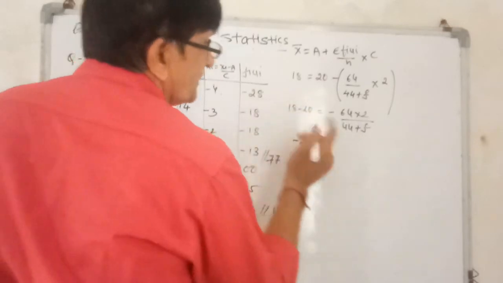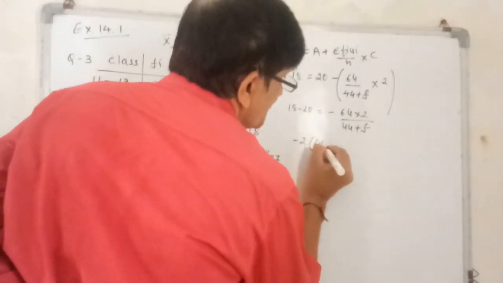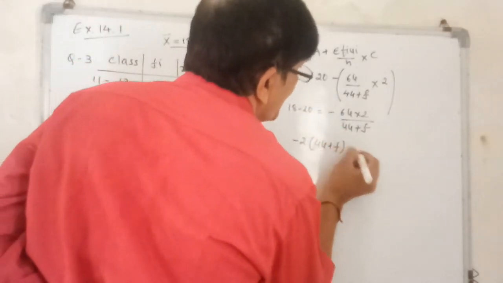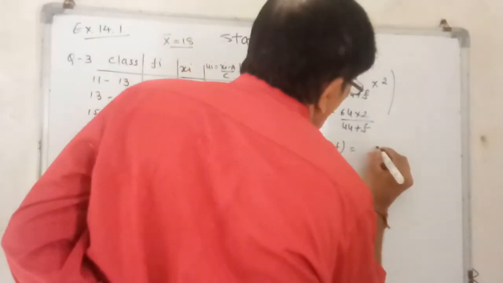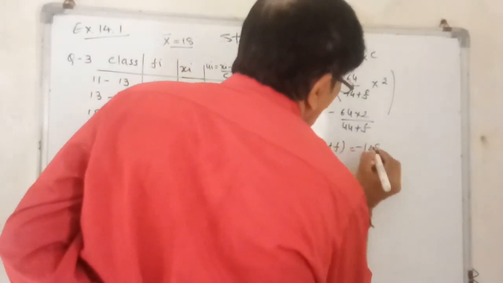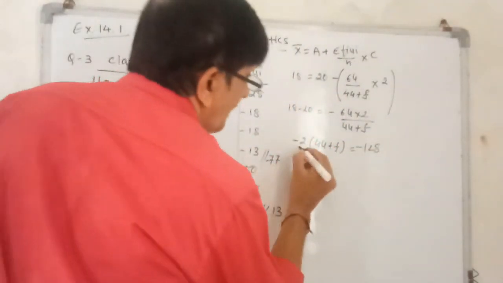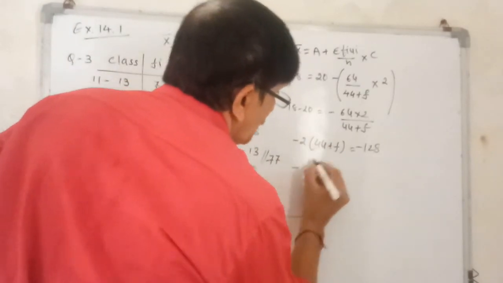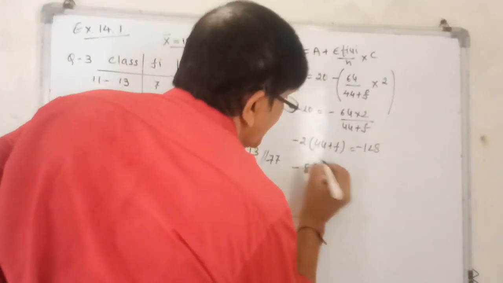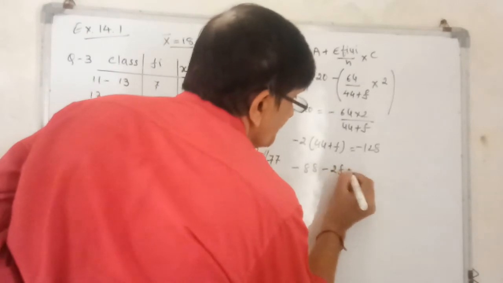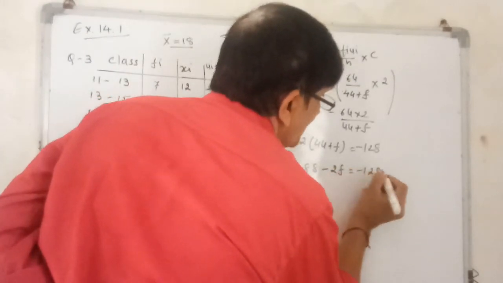Now this denominator will multiply over here, so minus 2 into (44 plus f) equals minus 128. Minus 2 into 44 is minus 88, so minus 88 minus 2f equals minus 128.